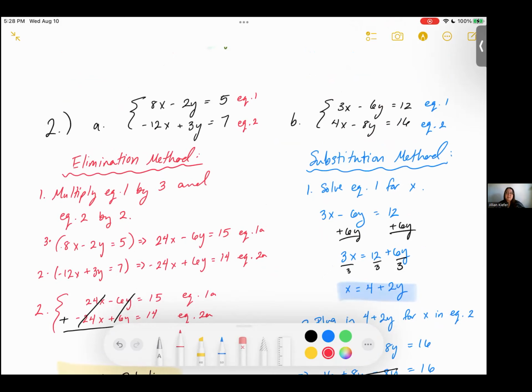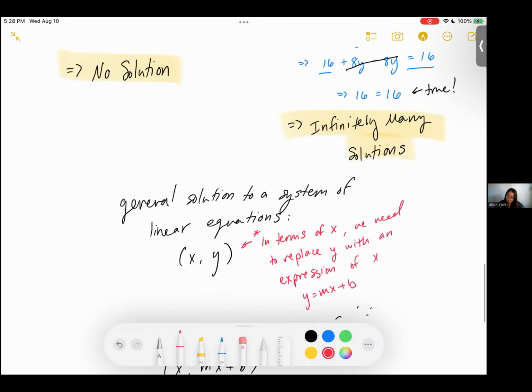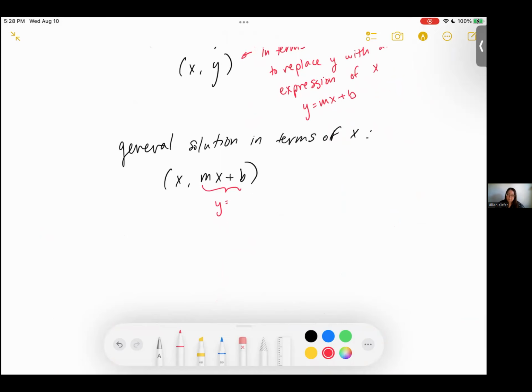So basically what this means is that if you encounter this problem, which you will in your homework, once you've identified that it's infinitely many solutions, you will take one of your original equations. Does not matter which one. Let's go ahead and take equation 1, 3x minus 6y is equal to 12. And we're going to rewrite that by solving for y.